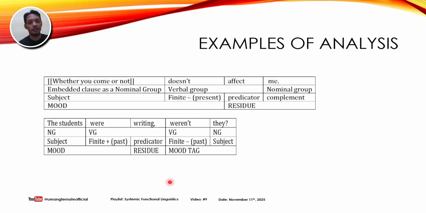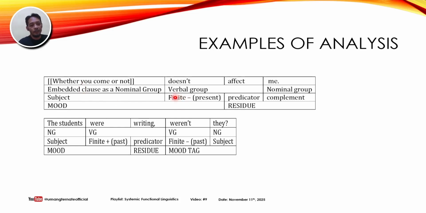All right, and then we come to some examples of analysis. Okay, first we can see here that the subject can be an embedded clause which functions as a nominal group. Just take a look at my video about the rank scale to understand what the nominal group is. And as you can see here, the mood block consists of two elements, that is, the subject and the finite.